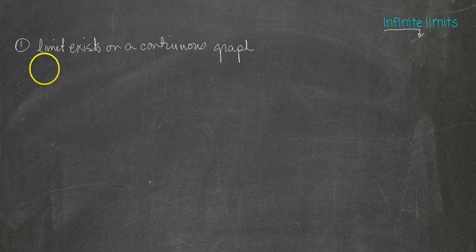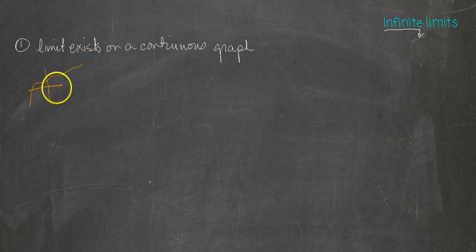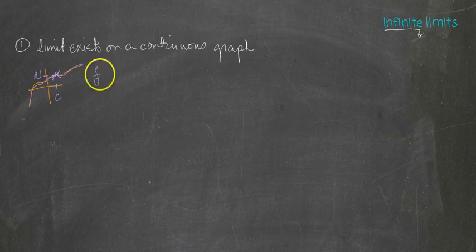So that's something where you have some kind of a curve that goes on forever, and if I decide to take the limit here at c, well, the right-hand limit exists and points to n. The left-hand limit exists and points to n. And if I plug c into the function, f of c exists and equals n.